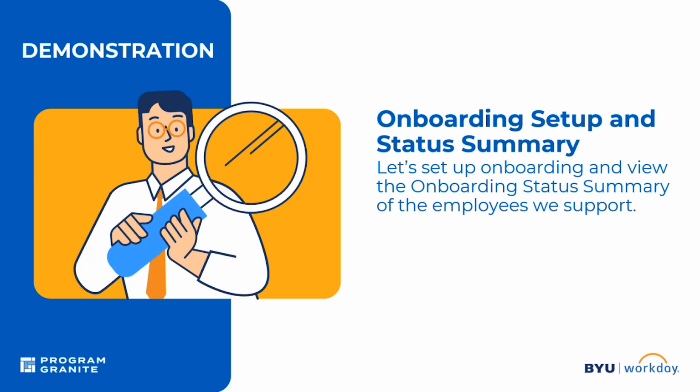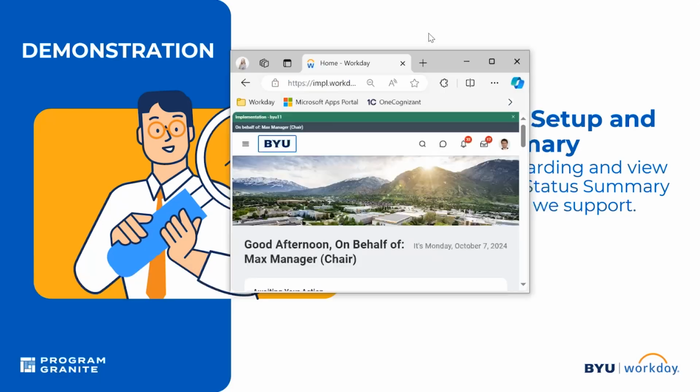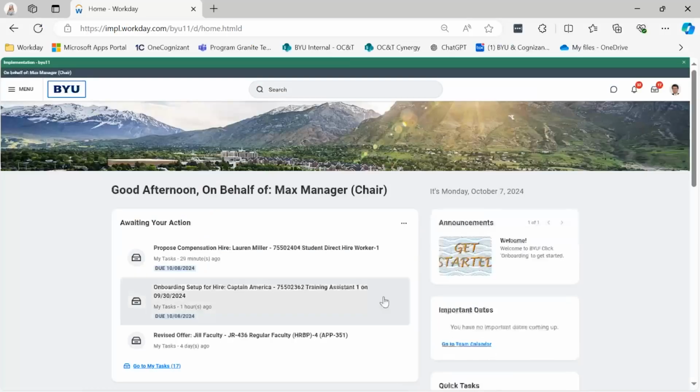Okay. So if for some reason you were the manager, you're more than welcome to follow along. But I am hopped in as Max's manager. I'm logged in as him. So he gets an inbox task called onboarding setup for hire, Captain America. So we left off, we transitioned to direct hire. We did leave off with pushing him through the hire process right at the very beginning.